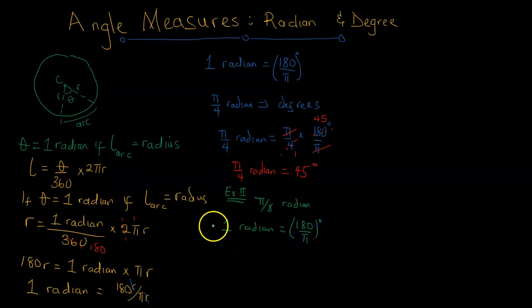So all we just have to do is to multiply both sides by pi over 8. So multiplying the left by pi over 8, I'm going to have 1 times pi over 8, that's just pi over 8 radian. And multiplying the right by pi over 8, so this is pi over 8 times 180 over pi, this is in degrees.